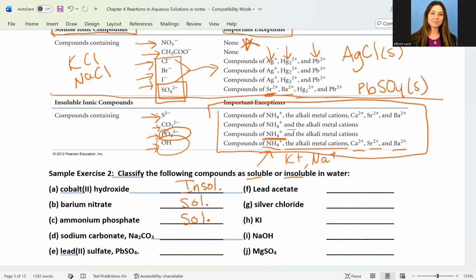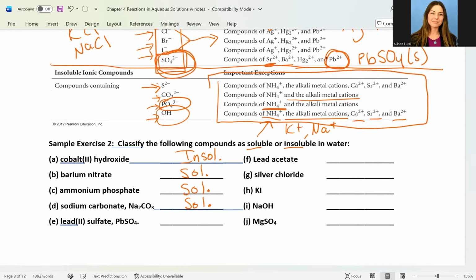Sodium is an alkali metal, so I'm going to say that this is also soluble. Answer D. And then when I get to E here, I have lead sulfate. All my sulfates are going to be soluble unless they're paired with lead, so I'm going to say this is an insoluble precipitate that forms.